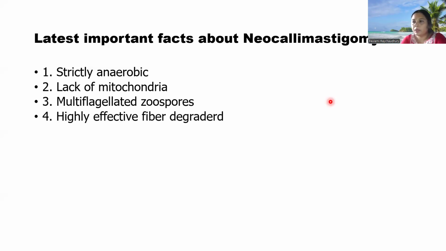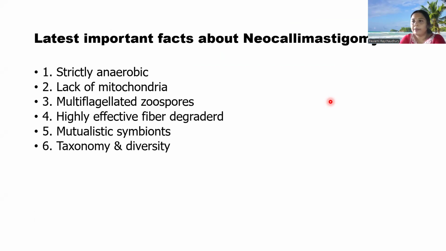They have enzymes through which they can degrade fiber highly effectively. They possess extremely potent cellulases and xylanases, enzymes capable of digesting tough plant materials like cellulose, hemicellulose, and lignin. Those are critical for ruminant digestion. They are mutualistic symbionts, forming a symbiotic relationship with their host animals, and contribute to nutrient acquisition, especially volatile fatty acids from plant matter.